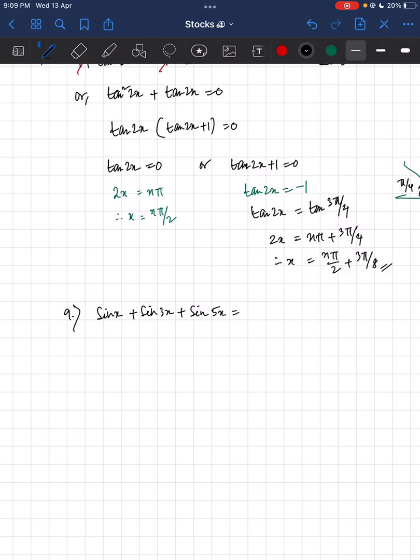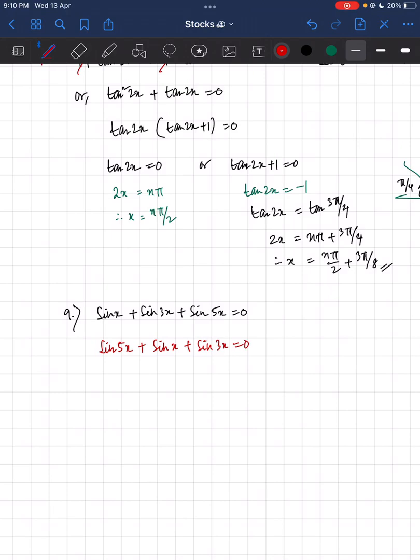Just as I told you beforehand, it is just like question number 6. We need to find two trigonometric functions and we need to use formulas among them such that we can get the third term. So if you look here, sine 5x and sine x. If I arrange them like this, sine 5x plus sine x plus sine 3x equal to 0.